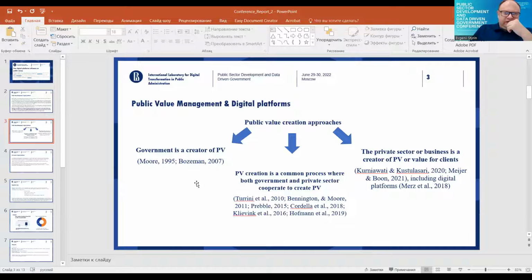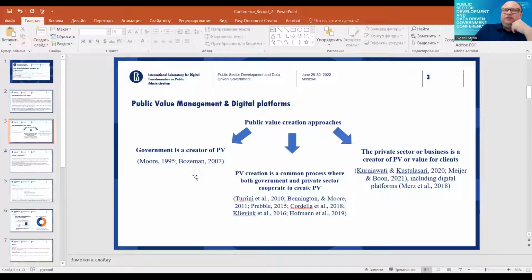And as you could see from this short scheme, we know that in the earliest works, government was usually seen as the creator of public values, because the very valuable products were public services, like social care and health care, which were all created by government.